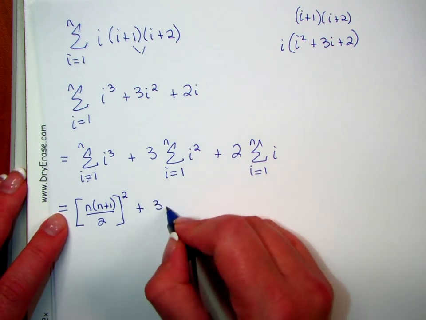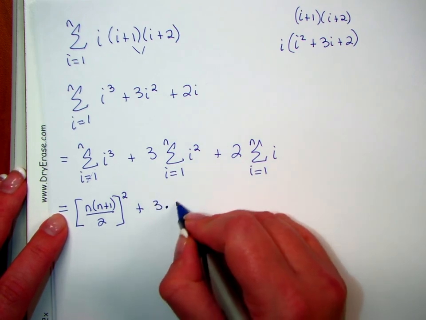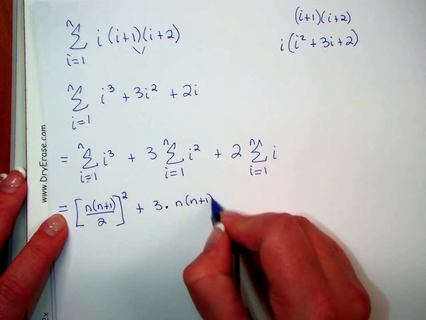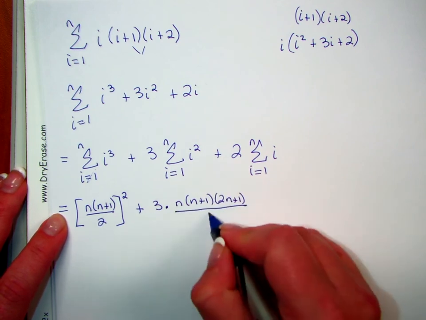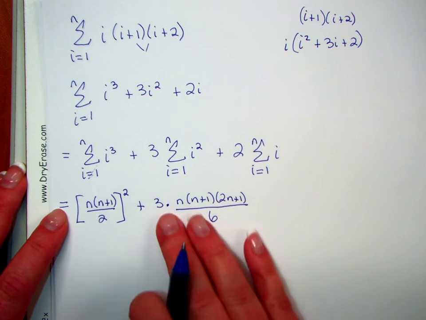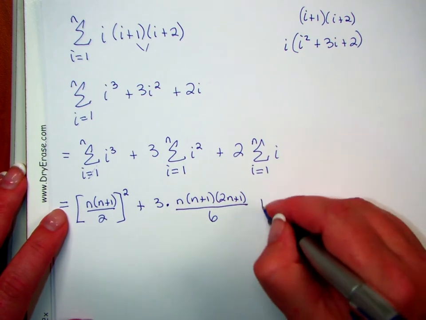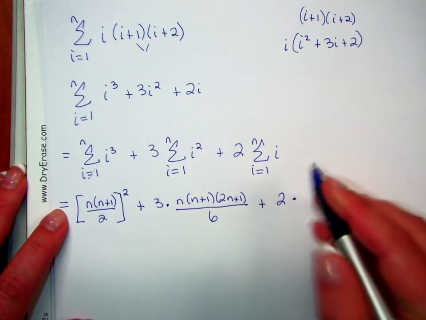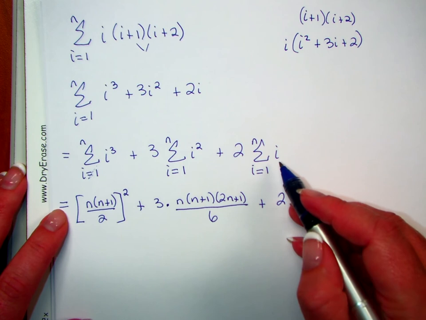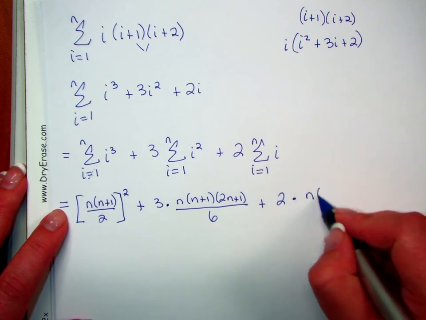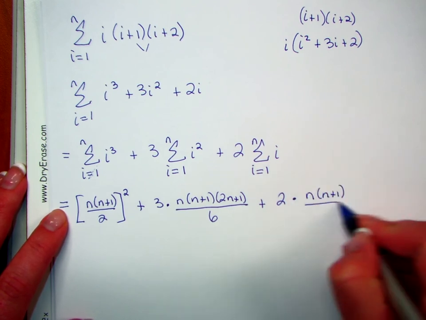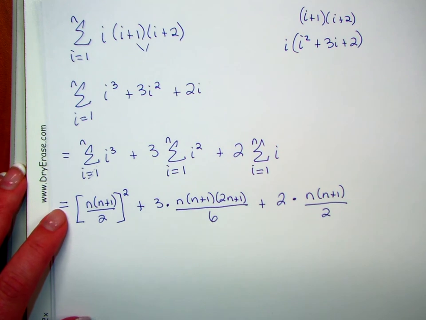So we're going to get 3 times n plus 1 times 2n plus 1 all over 6. So the 3 and the 6 will reduce eventually. Plus 2. And then the summation of i has a known formula: the sum of i is n times n plus 1 all divided by 2.